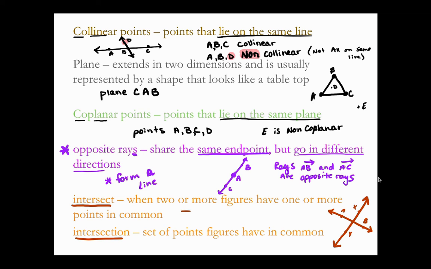So line AB intersects line XY, and the intersection is the information they have in common. So this point where they both meet, let's call that Z, is our intersection.